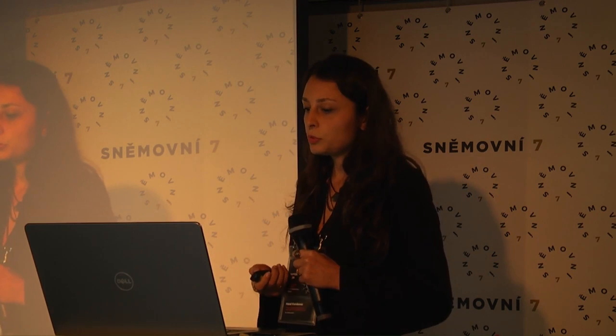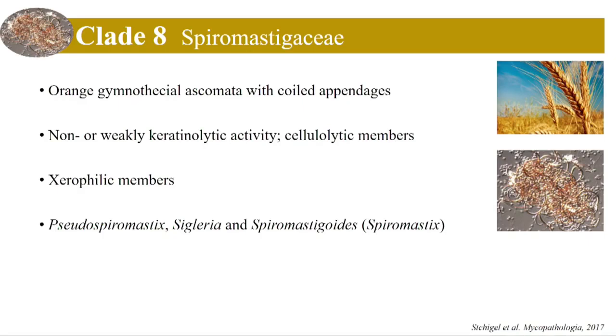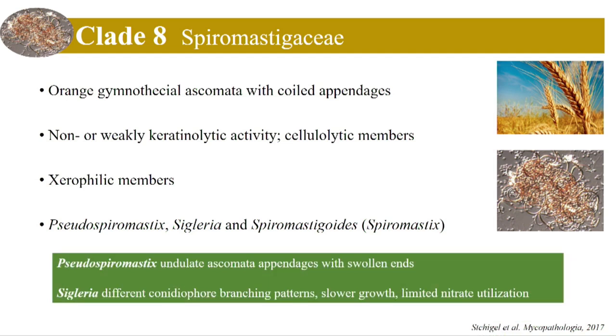So by now, only 3 genera were described here: Pseudospiromastix, Sigleria, and Spiromastigoides, which was known previously as Spiromastix. And the difference between Pseudospiromastix and Spiromastigoides is based on morphology. But between Sigleria and Spiromastigoides, it's based on neutralization.